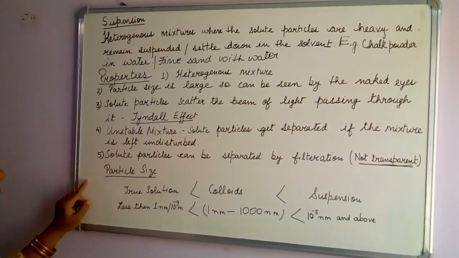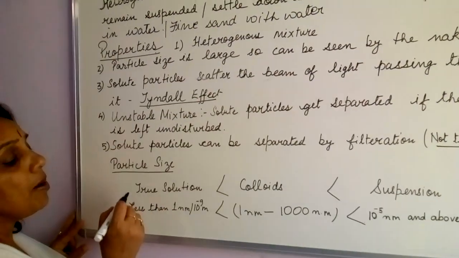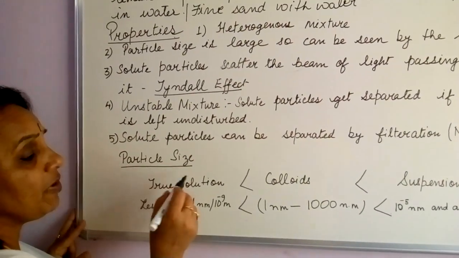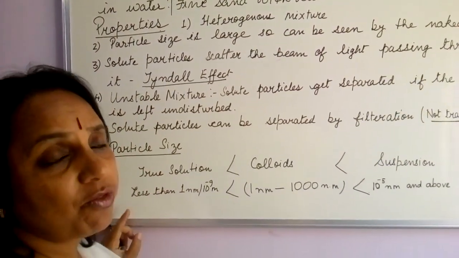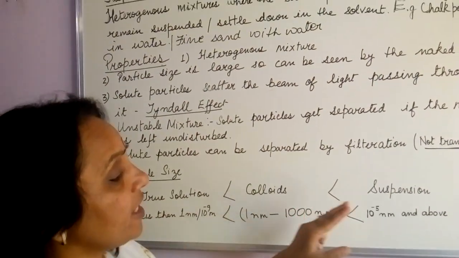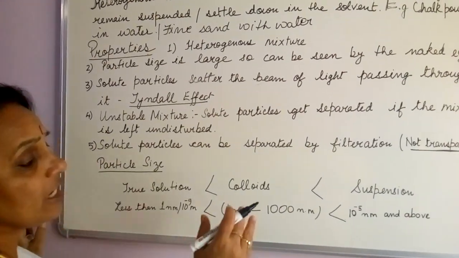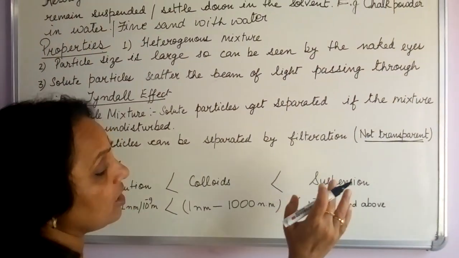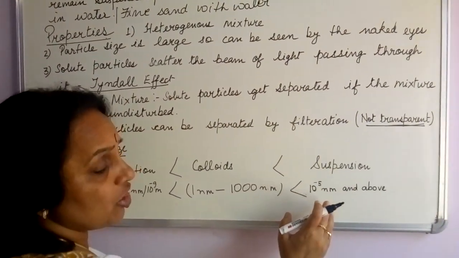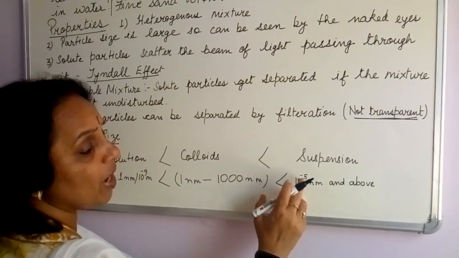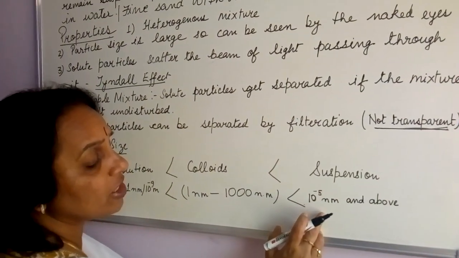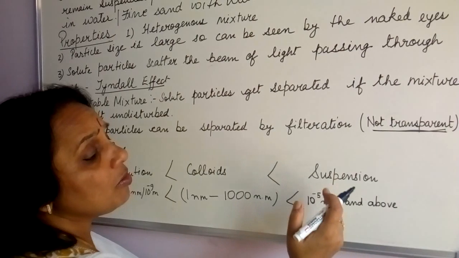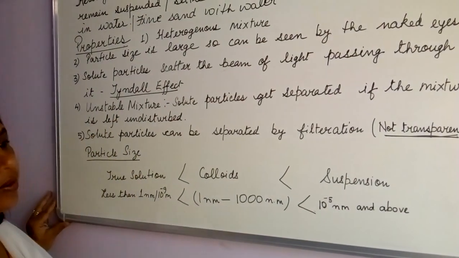Now coming to the particle size. When we compare the particle size of true solutions, colloids and suspensions, the largest particle size is seen in suspensions. The size of the suspension solute particles is 10 to the power of minus 5 meter or more than this.